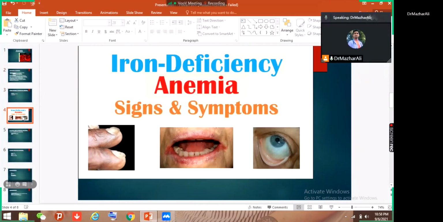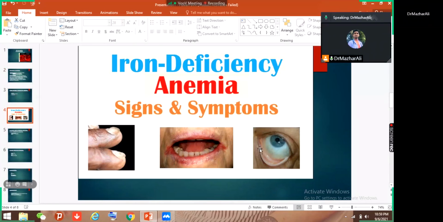Then there are the signs and symptoms of iron deficiency anemia. As you can see in the picture, the nails show koilonychia, spoon-shaped nails, in iron deficiency. Then there is inflammation of the lips, which we call angular stomatitis, inflammation of the border of the lips or the mucous membrane. And then the lower conjunctiva looks paler.